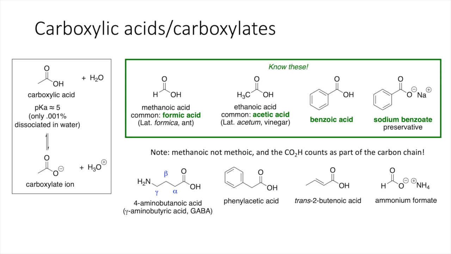Don't forget the trans. And ammonium formate. So here we're essentially naming it as a salt. Ammonium is the cation. Formate is the anion. Again, that's a carboxylate anion derived from formic acid. So the conjugate base of formic acid is formate.